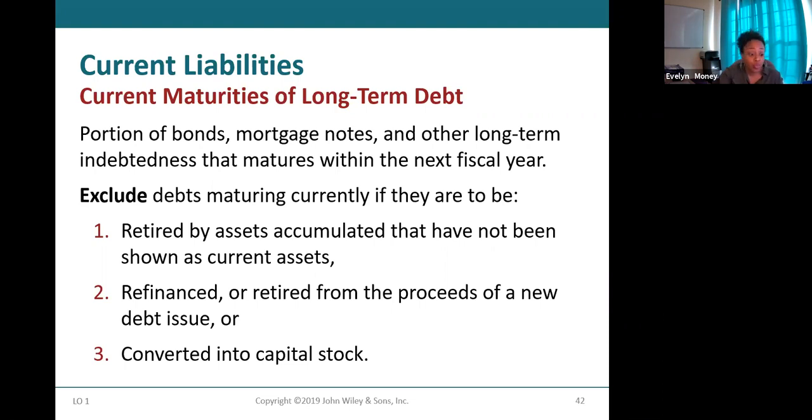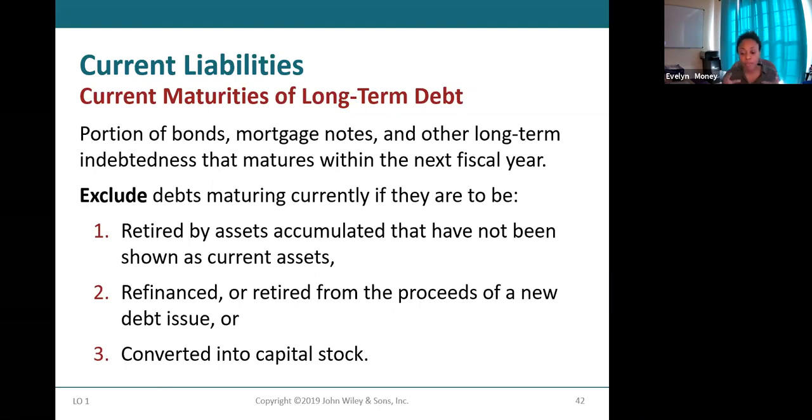We've set aside money through a sinking fund to retire it, or it may be refinanced, or it may be convertible debt that's going to be converted into capital stock, or common stock. In those situations, those amounts are not shown as current liabilities.